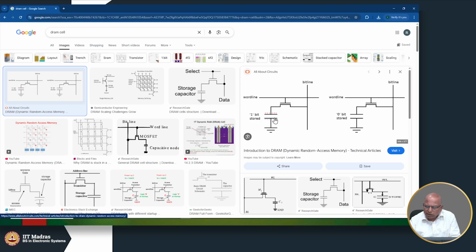And if you don't write anything into this cell for a very long time, I write a 1, and let us say I don't write anything to that cell for a long time, it is quite possible that the 1 will get leaked away and it will become a 0. So 1 may become a 0 if there is a prolonged time for which I have not done any update.